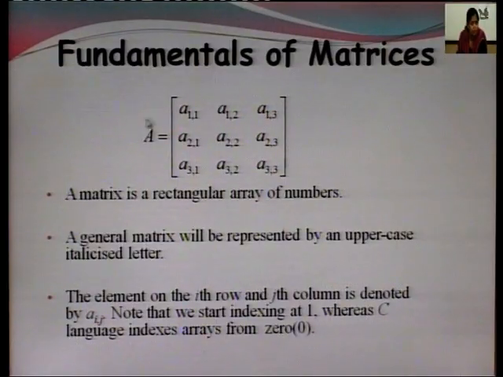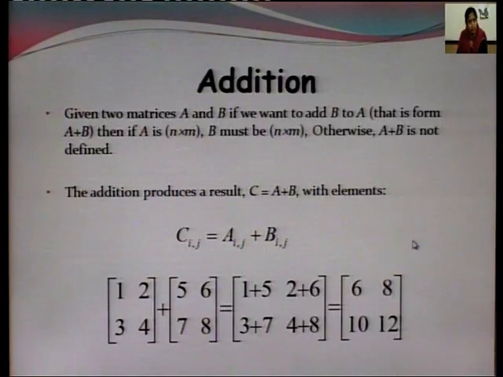Once we know how to write a matrix, there are basic operations which can be performed on matrices, like on scalars. Addition is equivalent to scalar addition. Given two matrices A and B, if we want to add B to A, we add the individual elements of each row and column to the corresponding elements of the other matrix, and the resultant matrix contains the sum of these elements.